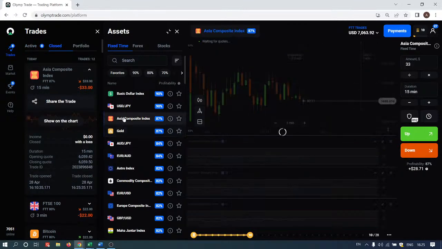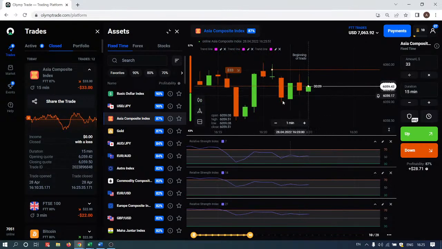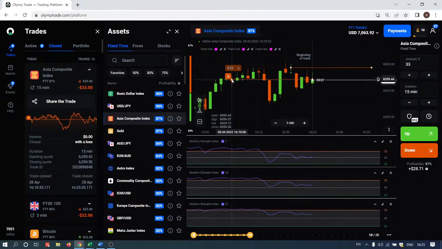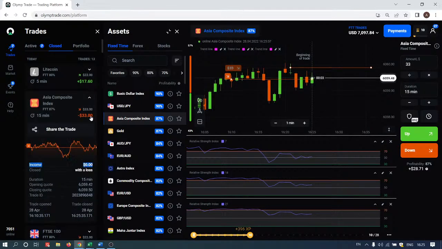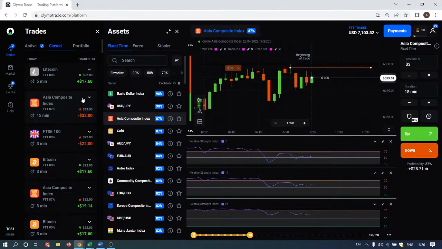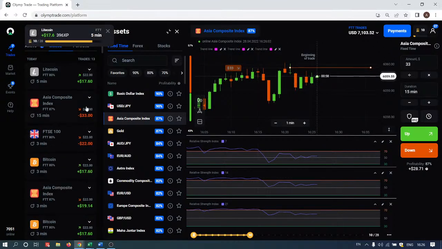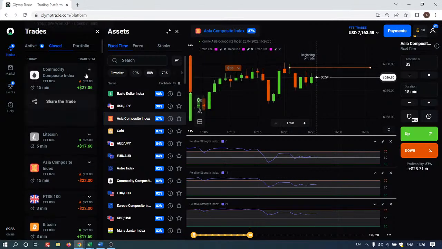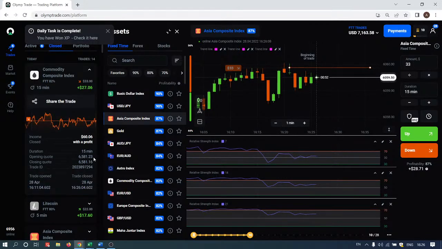Wow, guys, look at that. It's like a 15-minute trade, and right in 15 minutes we are back to square one, and this trade closes with a loss. Oh, that's so dramatic, guys. It's just one. Oh my god, I cannot imagine. Okay, so at least this one closed with a little difference up.